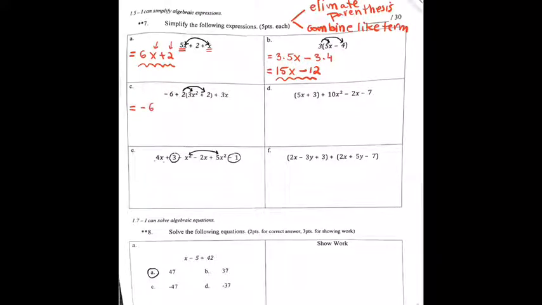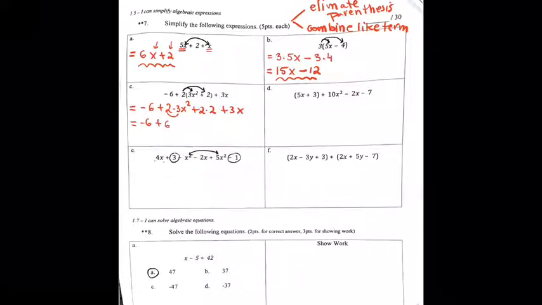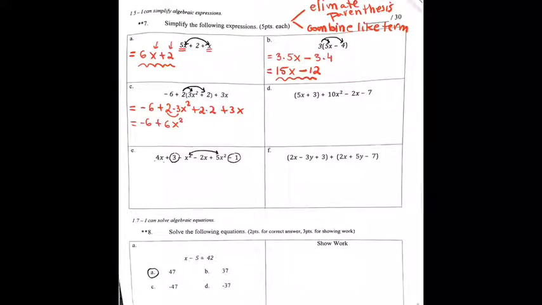So I'll get -6 plus 2 times 3x squared plus 2 times 2 plus 3x equals -6 plus 2 times 3x squared gives me 6x squared.